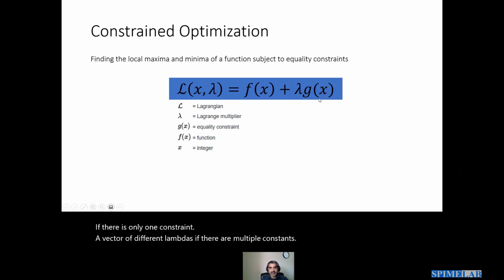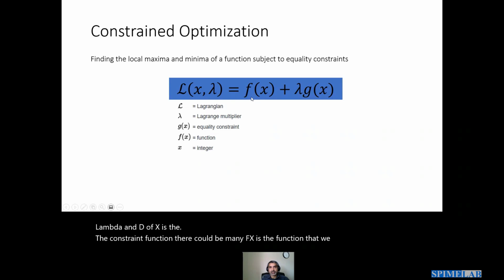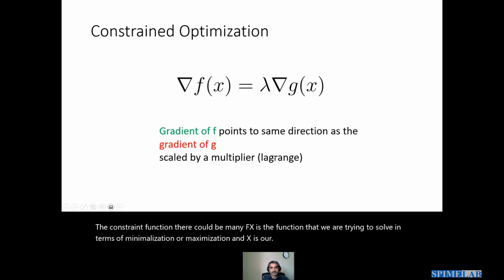It works magically as long as there are some conditions that are met. So this equation formulation itself is called the Lagrangian function. Lambda is the Lagrangian multiplier, and g(x) is the constraint function. There could be many. f(x) is the function that we are trying to solve in terms of minimization or maximization, and x is our x.